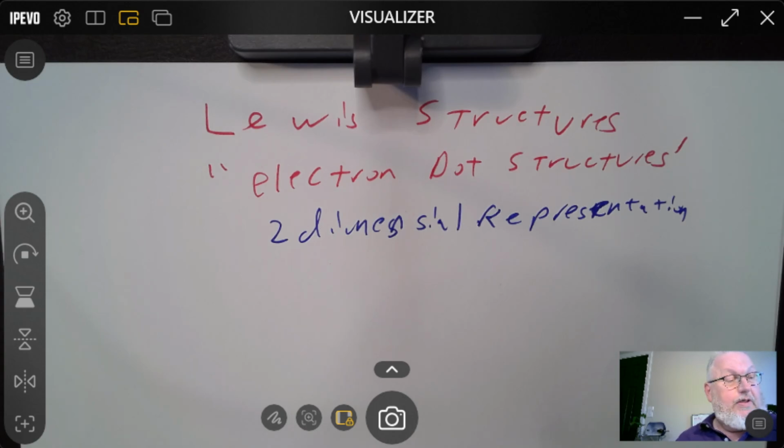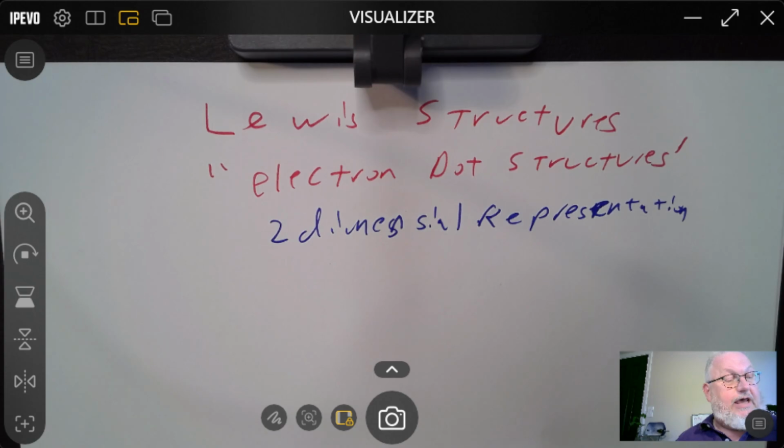If we're talking about carbon tetrahydride, CH4, or methane, the first one would be the carbon. Sulfur hexachloride, SCl6, the first one would be the sulfur. So we're going to start with the first atom in there.